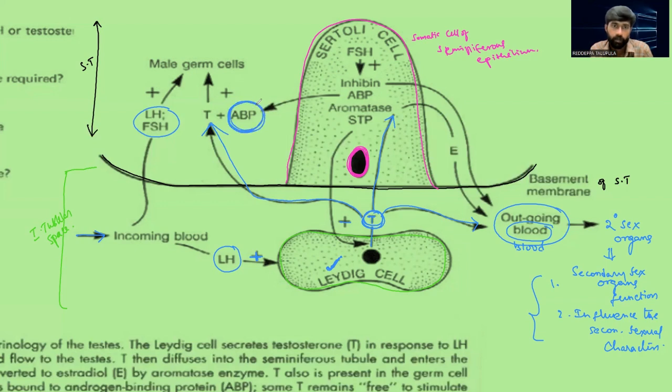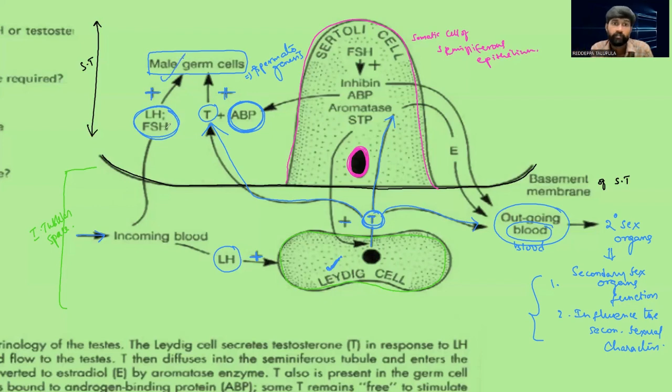Next, this ABP along with testosterone reaches the male germ cells and shows a promoting effect and thus causes spermatogenesis. Okay. Now, on the other hand, LH and FSH both cause a positive effect on male germ cells.